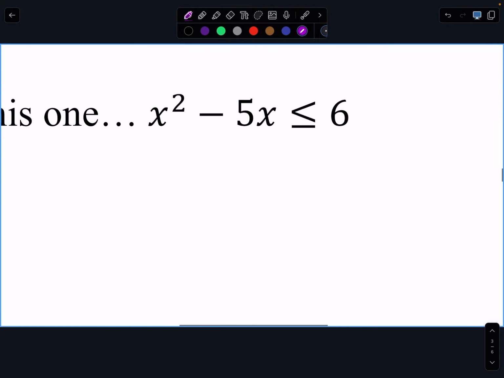Next one. So, first order of business: we need 0 on one side of the inequality. So why don't we subtract 6 on each side of this inequality.